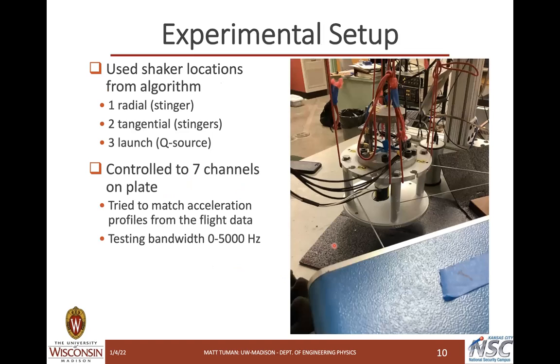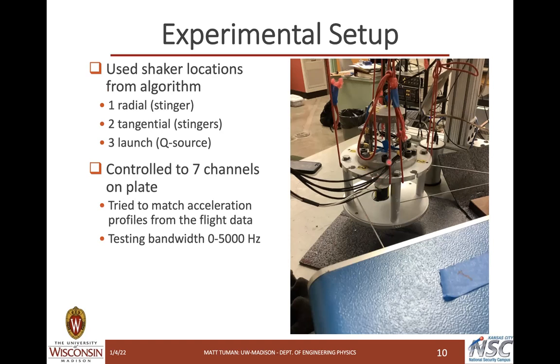So after performing a modal hammer test, an input selection algorithm was used to determine an optimal set of locations for where we should attach our shakers. For this test, 3 electromagnetic shakers were used, attached to the structure via piano wire stingers. 3 Q sources were used attached directly to the structure via super glue.